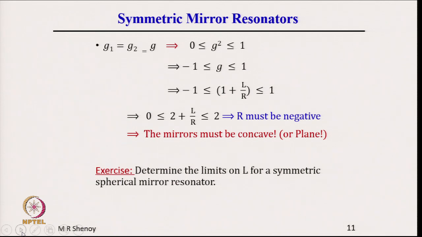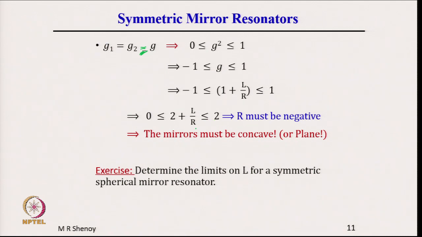So, for the symmetric mirror resonators, G1 is equal to G2, let us say equal to G. Therefore, we write 0 less than or equal to G squared less than or equal to 1, which implies G will lie between minus 1 and plus 1, that is minus 1 less than or equal to 1 plus L by R less than or equal to 1. This implies, adding 1 to all the sides, 0 less than or equal to 2 plus L by R less than or equal to 2.